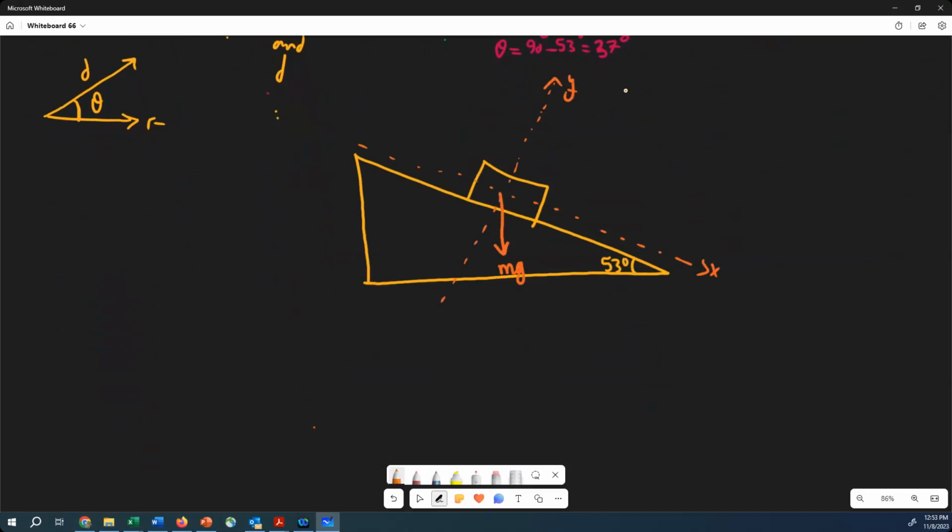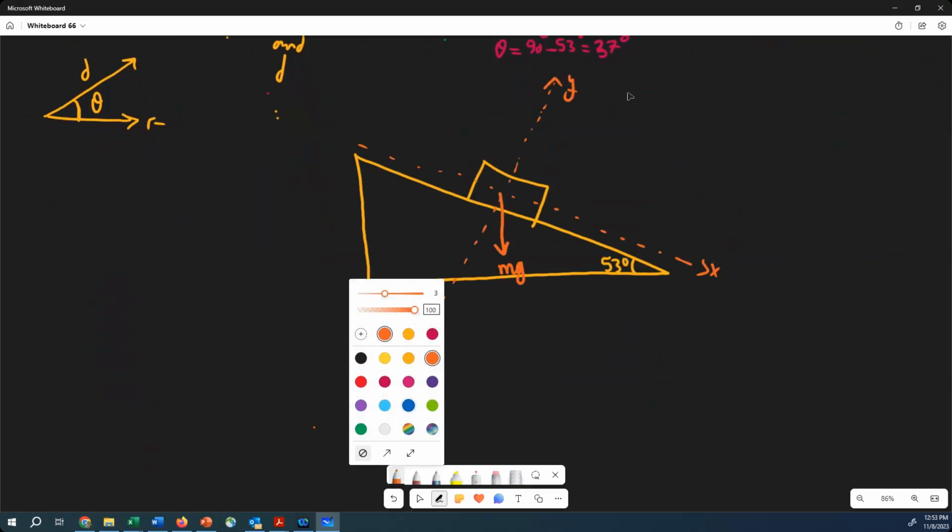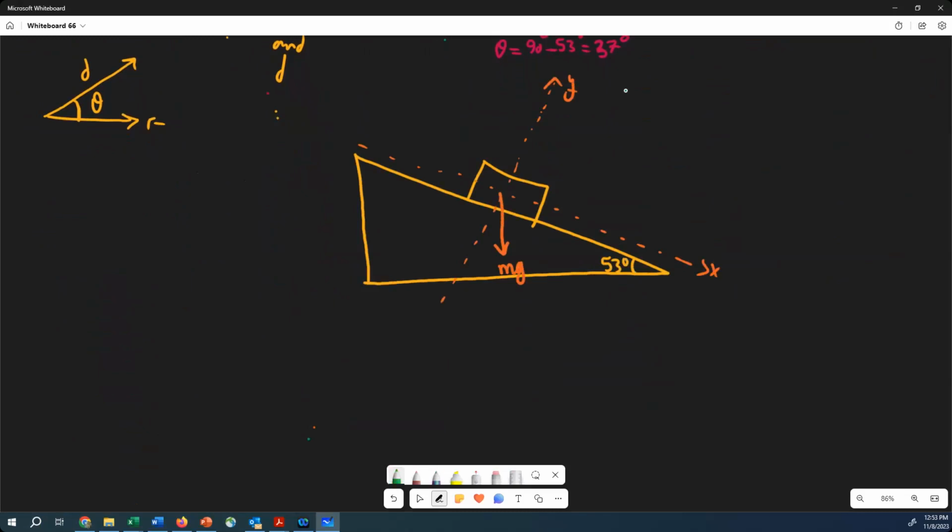Let me use a different color. We said that this is mg and this is 53. This component is mg cosine 53, and the other one is mg sine 53.